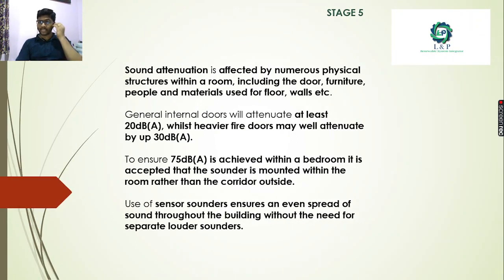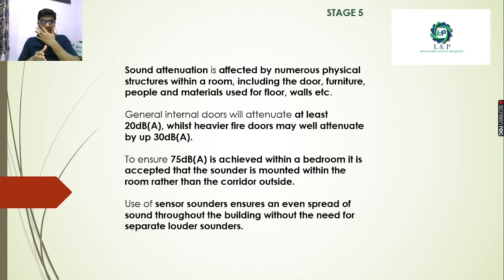Consider this as well. If you are locating your sounders in a particular area, attenuation can happen. It means the objects inside that building have the capability to absorb sound: doors can absorb something, furniture can absorb something, people can absorb something, floors and walls. So always keep that in mind before deciding anything, because a door can absorb sound of 20 decibels, and a heavy fire door can absorb around 30 decibels.